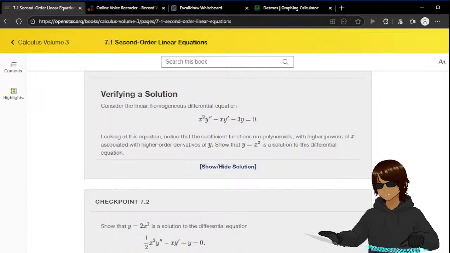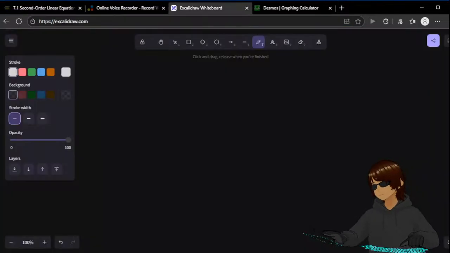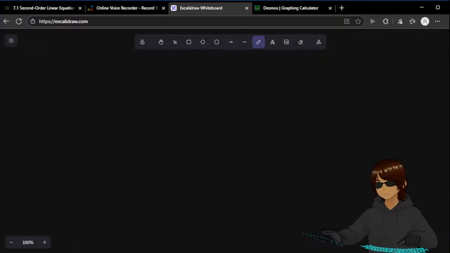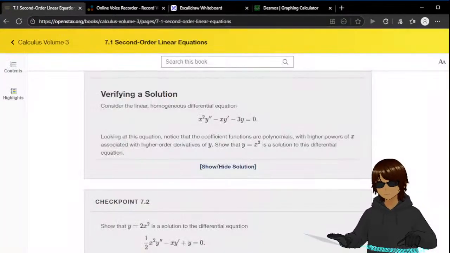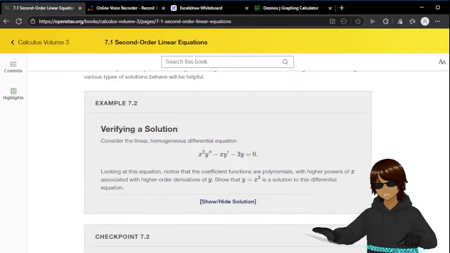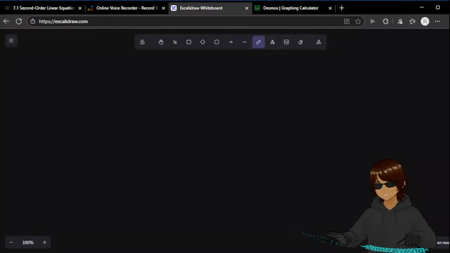I mean, I can substitute in x cubed, right? So 3x cubed, derivative of x cubed is, hold on. So, example 7.2, I can just, hold on a minute.